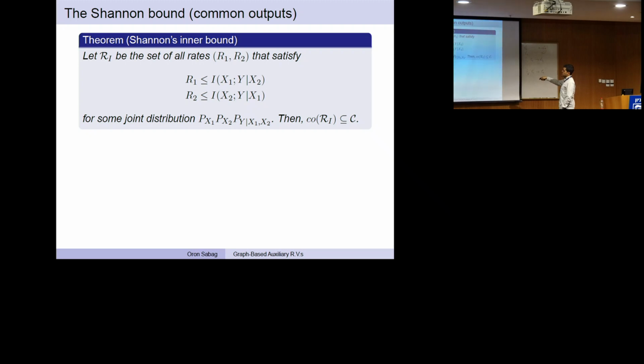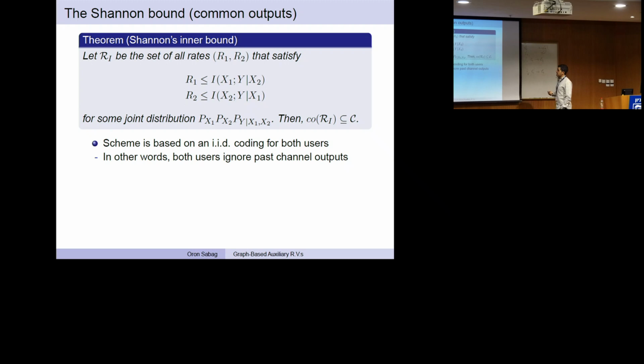So the joint distribution is the multiplication of two independent distributions, p(x1) multiplied by p(x2), and this includes the capacity region of the previous example, the binary XOR channel. The coding for this region is a simple IID argument, so each message is coded into an IID codebook X1 and X2 respectively. In simple words, the users ignore the past channel outputs. They have access to Y^(t-1), but they still ignore it and just encode based on their messages. This is the only information that they use.